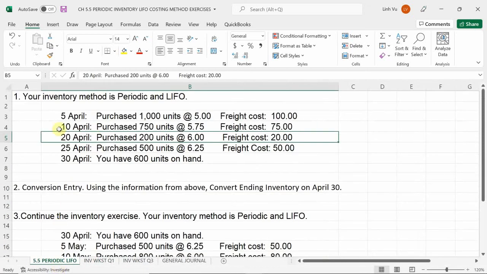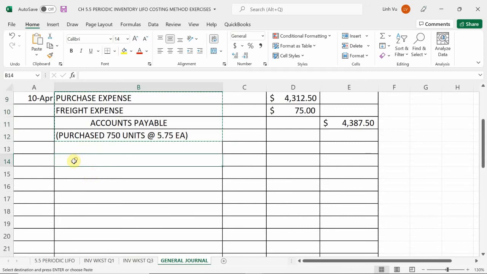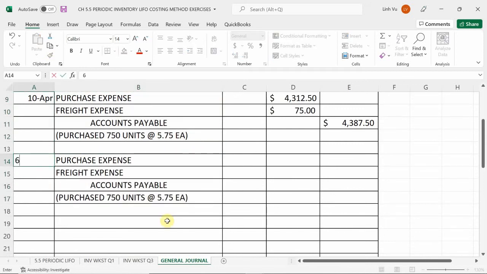So then, April 25th, we purchased 500 units at $6.25 each with a freight of $50. Oh, I think I skipped one. Sorry. April 20th, we purchased 200 units at $6 each with a freight of $20. Okay? So again, we can journalize this. It's the same exact transaction here. The only difference is the numbers that we are using to calculate it.